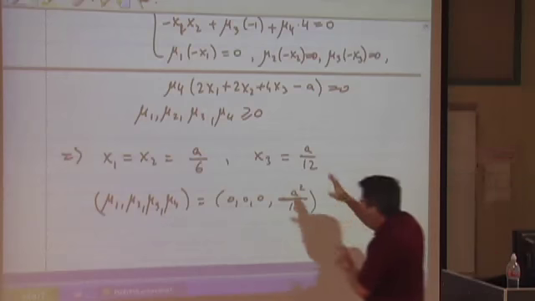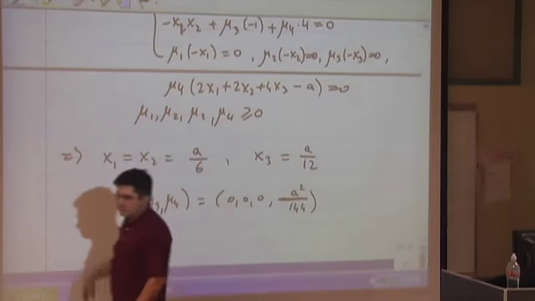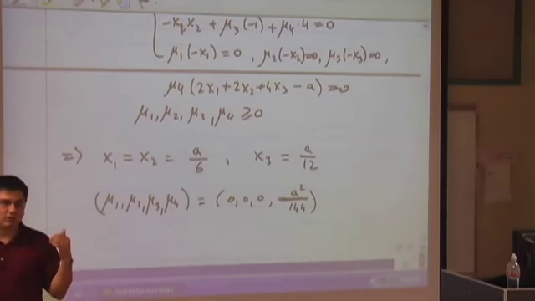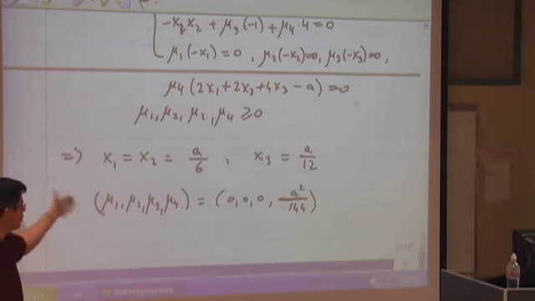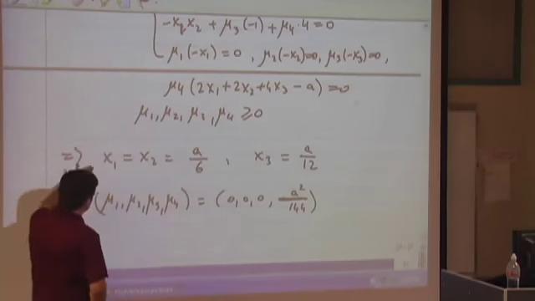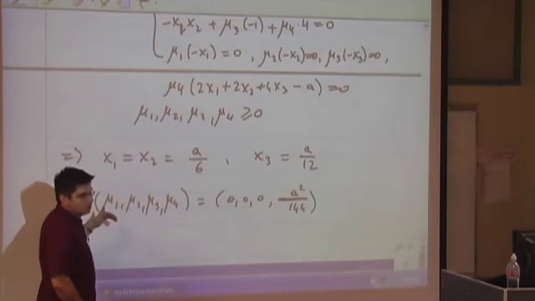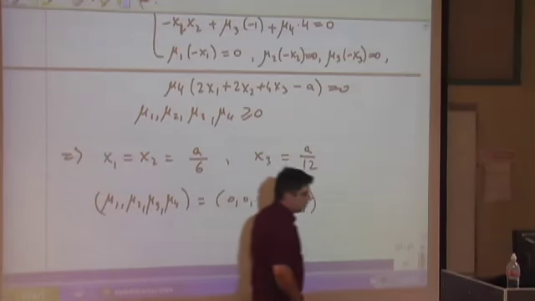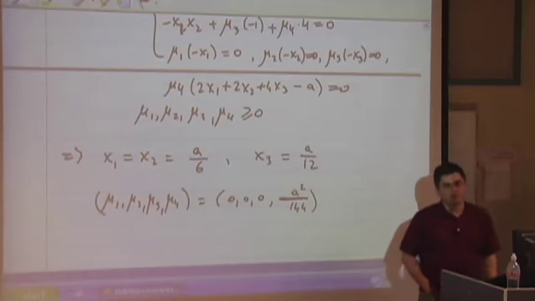And what's worse is if you get a system that has multiple solutions, two or more such sets of solutions for x and for mu, how do you know which one's a maximum, which one's a minimum?